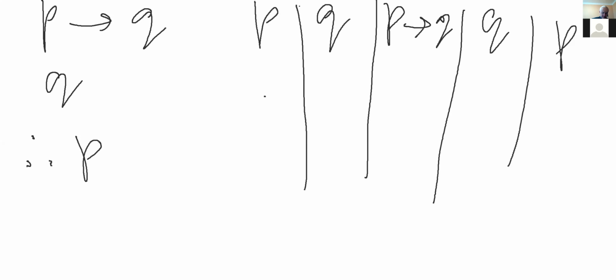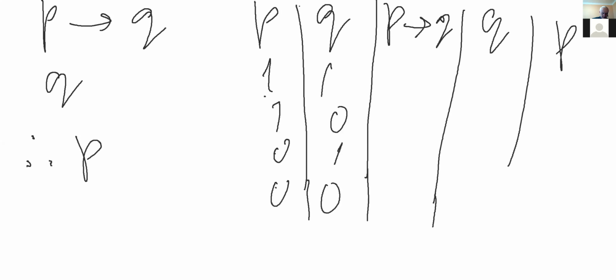So again, we will construct a truth table with P, Q, P implies Q, and P. Here we have the same values, 1, 0, 1, 1.